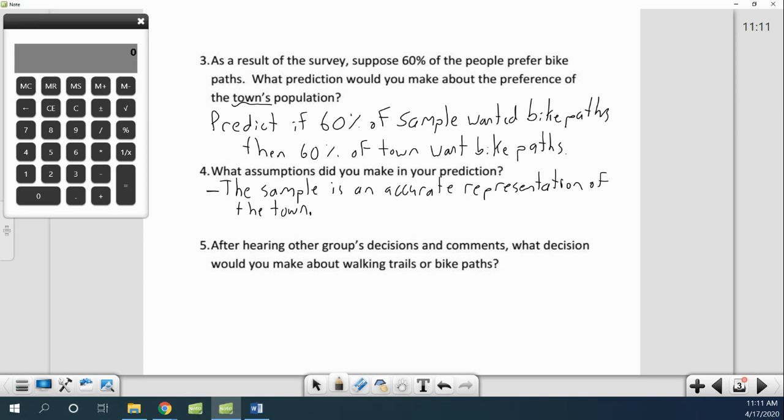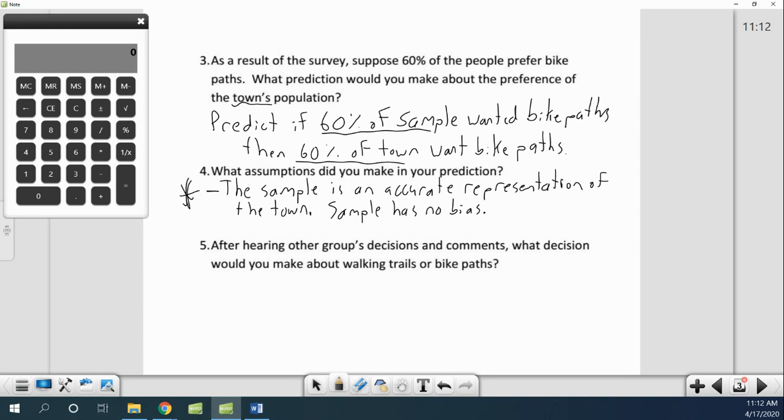And that should be a safe assumption, but there's a lot that goes into that. But generally speaking, when you're trying to move from sample percentage into population percentage, this is the assumption you are always making, that our sample was done right. It's an accurate representation of the town, that the sample itself has no bias.